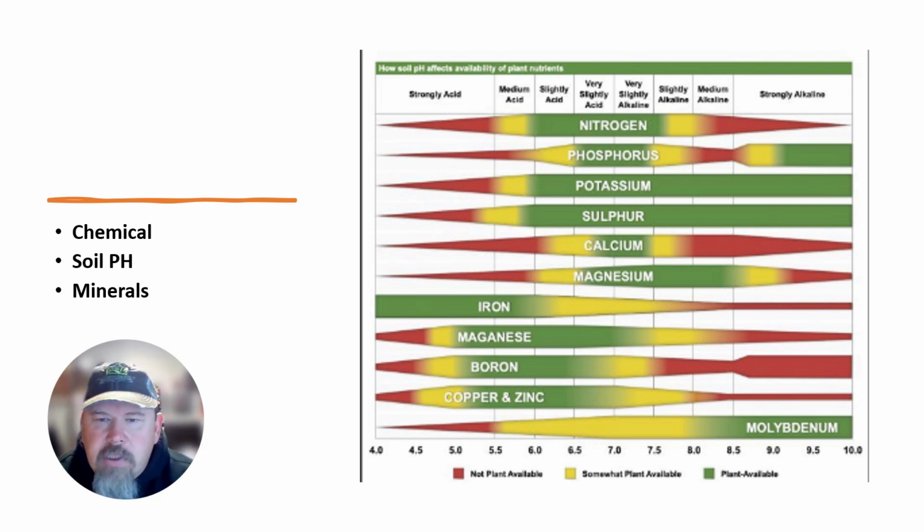So don't just look at this as, okay, I know that if I'm at a 6.5, I can have pretty good uptake of everything. Let's start thinking in terms of what plant species thrive in this system.